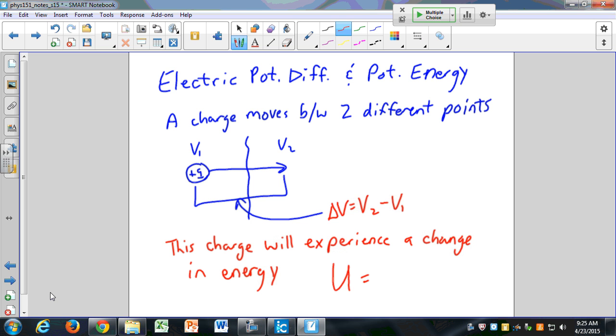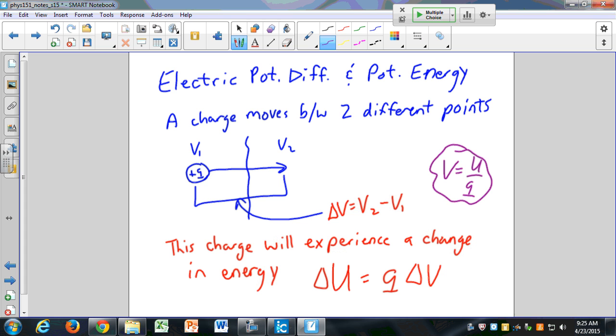The energy of this charge, actually delta U, because it's changing, is equal to Q times delta V. This comes back from our definition for V. So let me write this up here in a little thought bubble. V, remember, is U divided by Q. That's our basic definition of voltage, potential energy per charge. So reorganizing this, my change in energy for this charge is equal to Q times delta V.